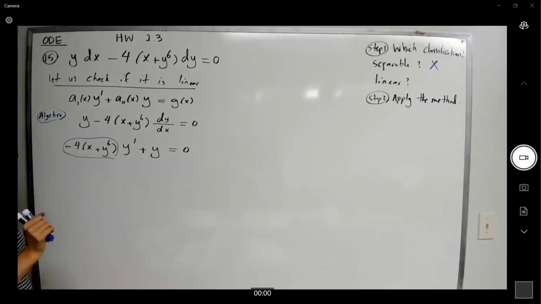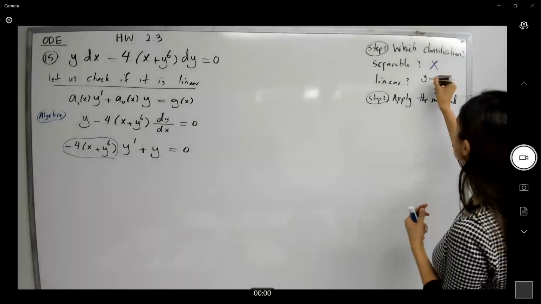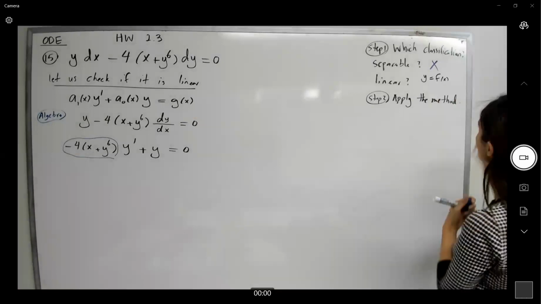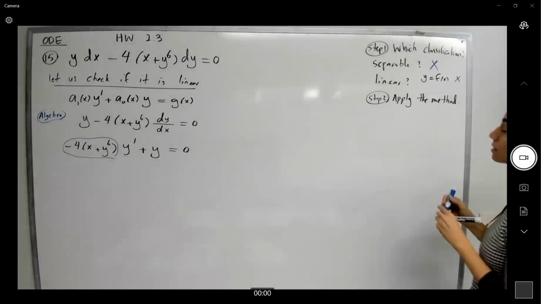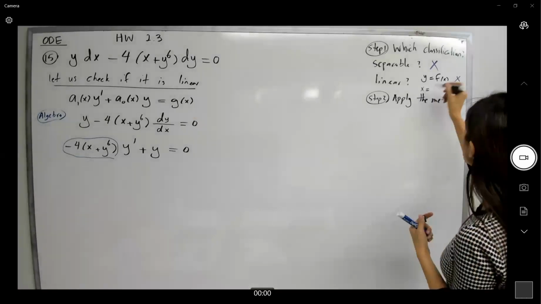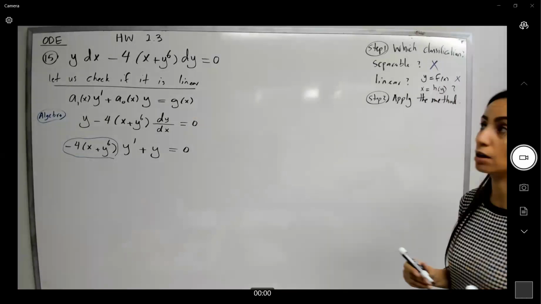Now try to apply the different definition of a linear ODE. So it's not linear if you have y equals f of x. It's not. But what if I write x in terms of y? What if I write x as a function of y? What happens here? So we have to analyze everything.